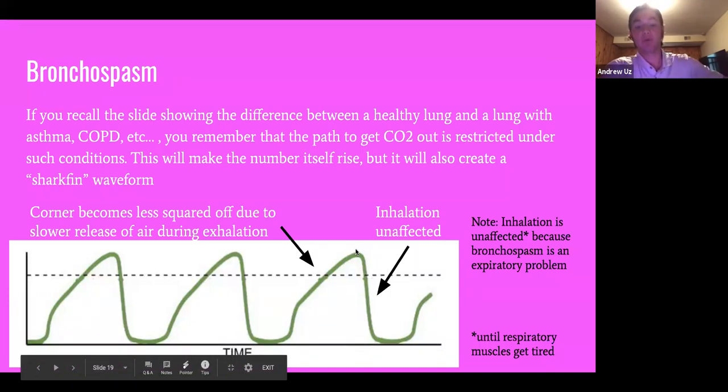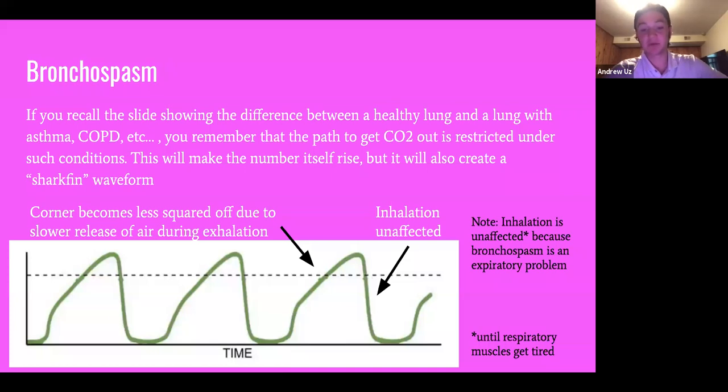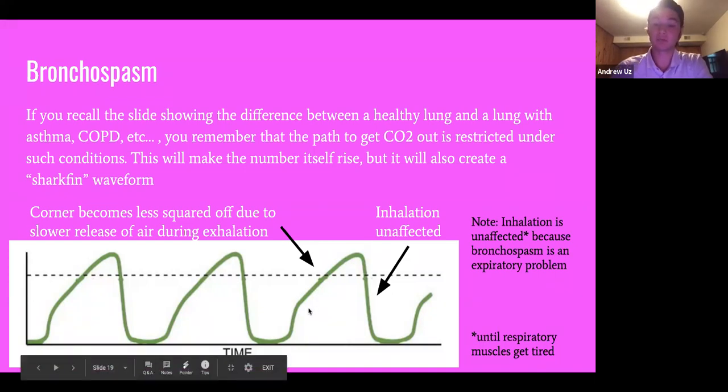And what's happening is that because those airway passages are tight, and if you remember that picture that showed the lung all swollen up and inflamed, it's a harder passageway for that CO2 to pass through. So it builds up and it's harder for it to get out.